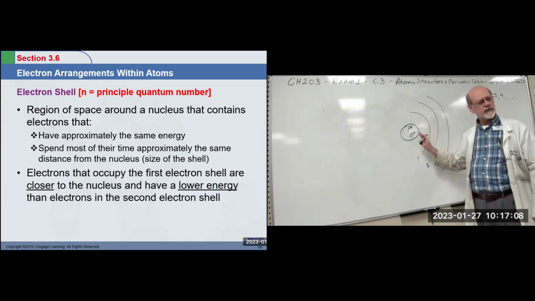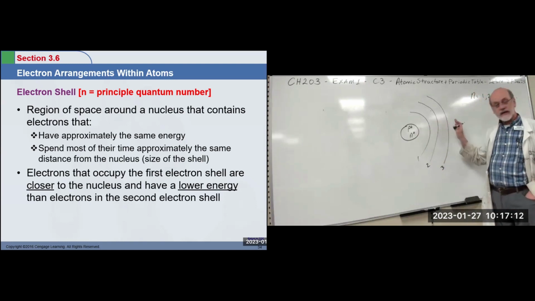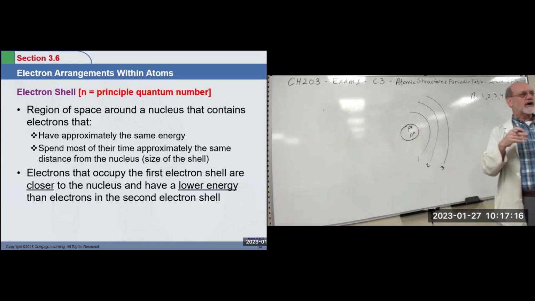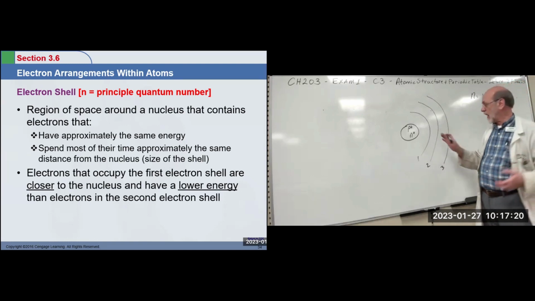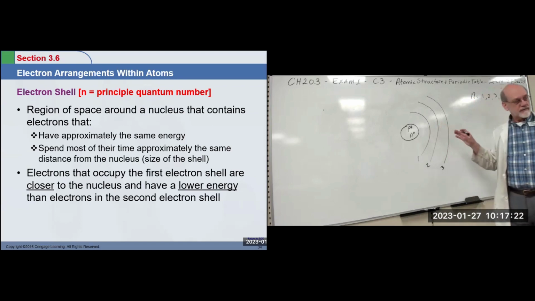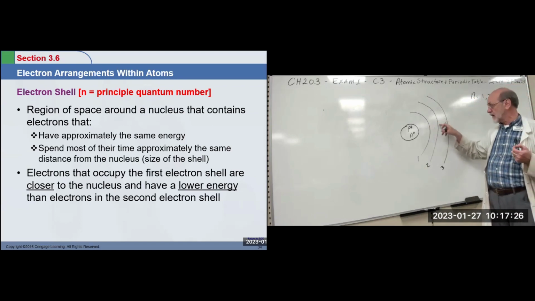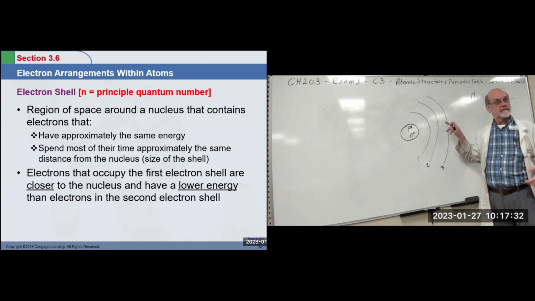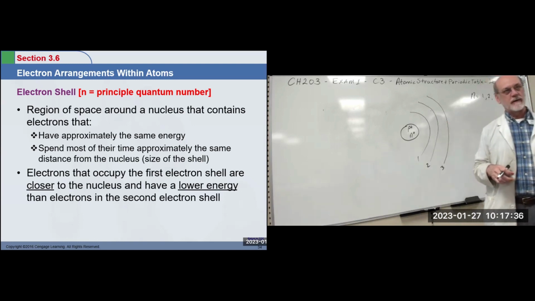You can't get any closer to the nucleus. And in order to go out further from the nucleus, it happens in what's called quanta. In other words, the amount of energy required to go from here to here is a fixed amount, and there's no in between. It either goes to here or to here or to here, or it goes nowhere.